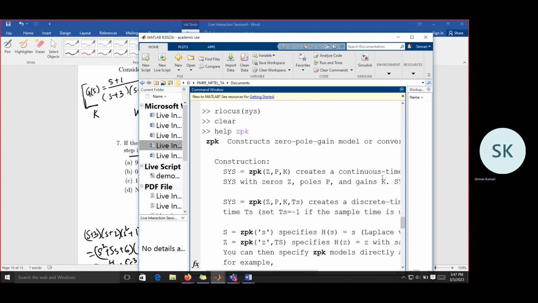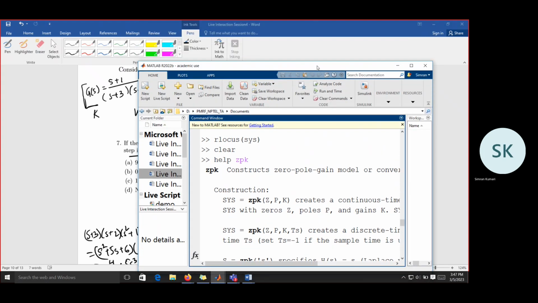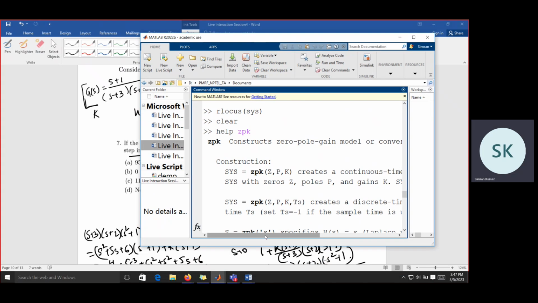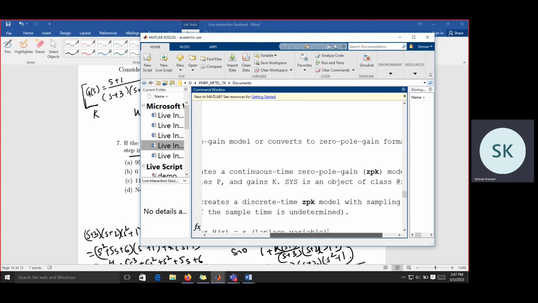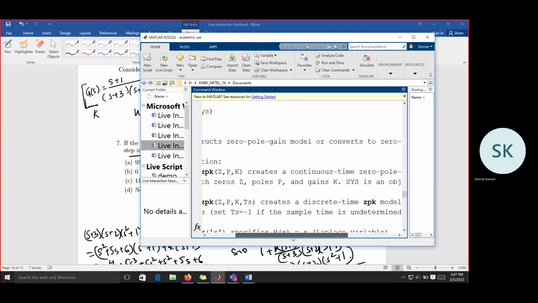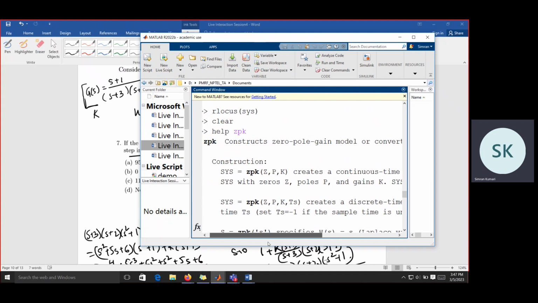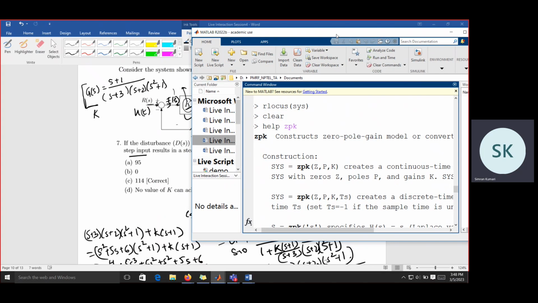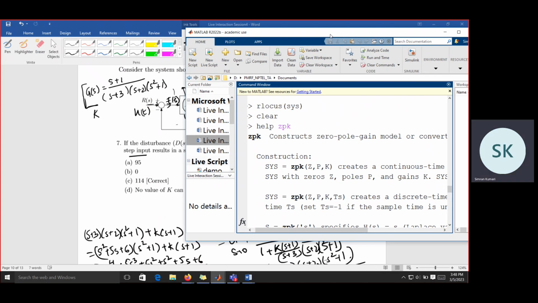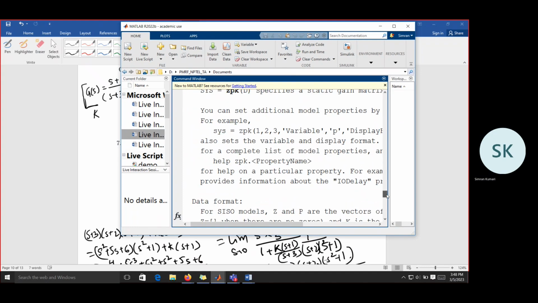It creates a continuous time zero pole gain model with zeros z, poles p, and gain k. So for this system, we have gain as 1, poles at minus 3, minus 2, and plus minus j, and zeros at minus 1.